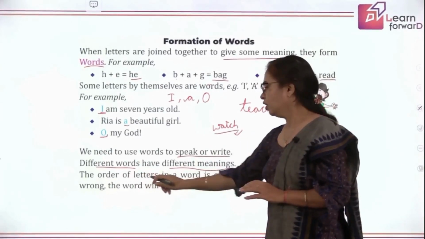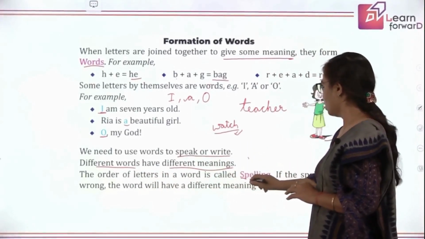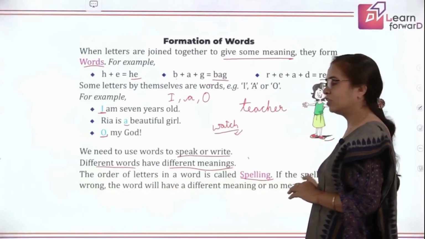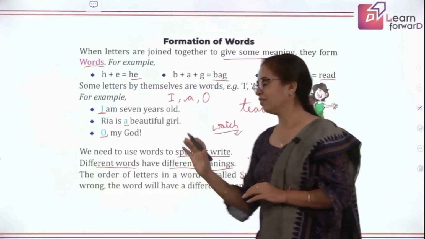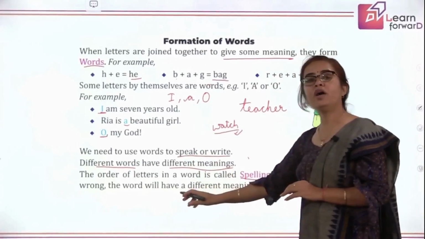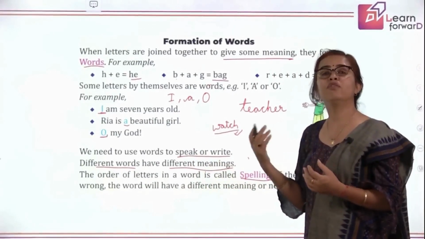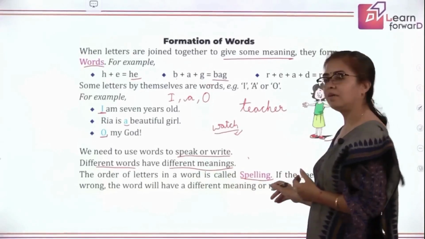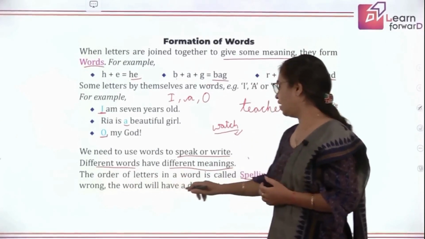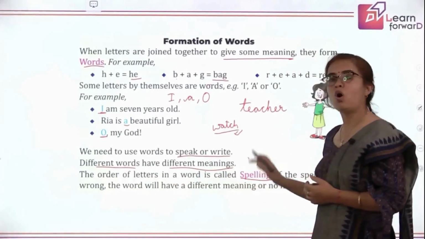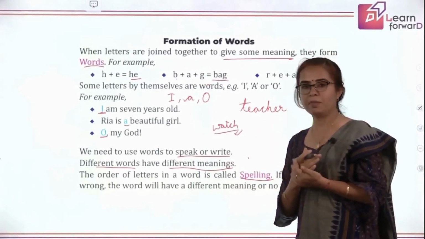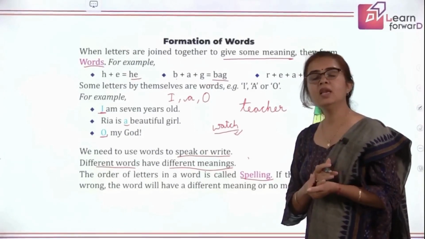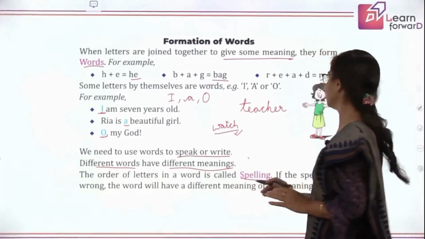So the order of letters in a word is called spelling, and if the spelling is wrong, the word will not have any meaning, or it might have some different meaning, right? So the word will have a different meaning or no meaning at all. So you have to remember to write the letters in proper sequence.